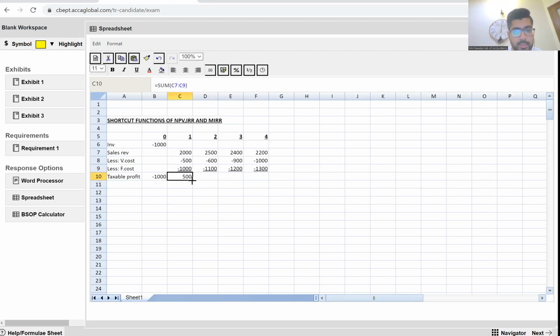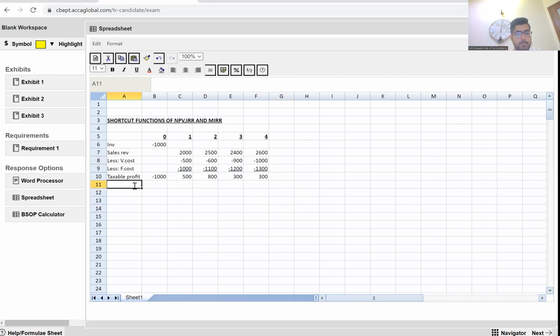No need to calculate it again and again. You just need to drag it. So revenue less variable cost less fixed cost, you get taxable profit.